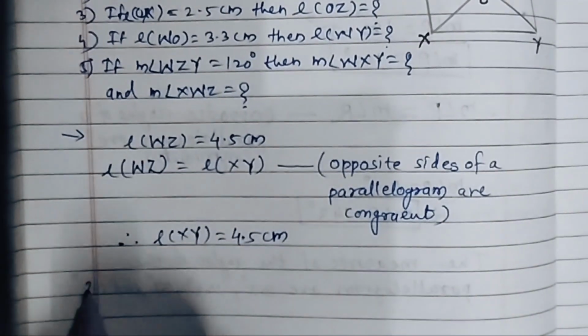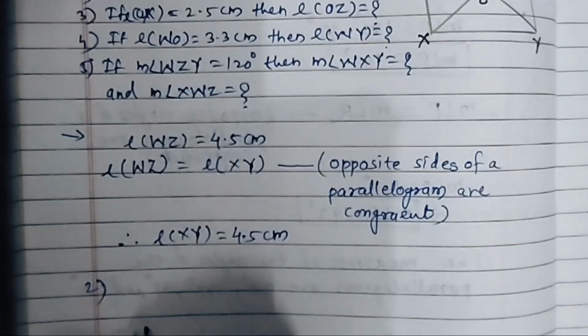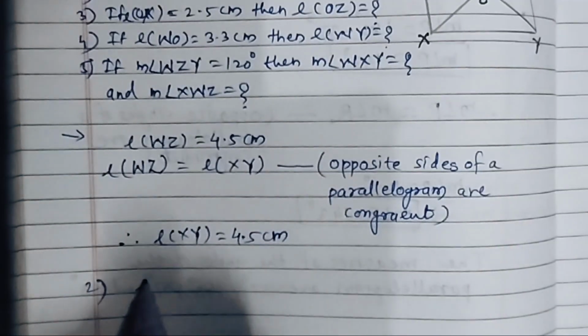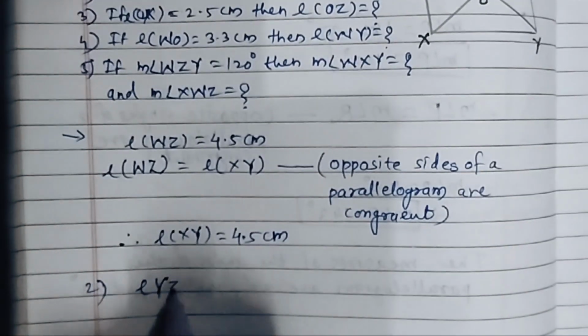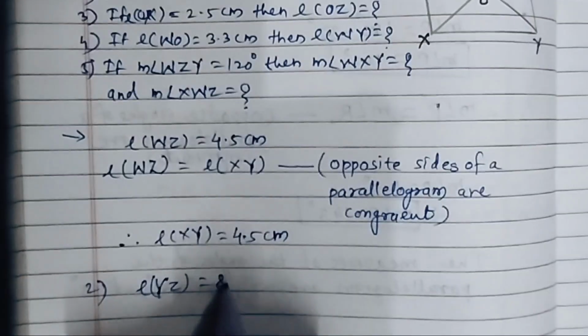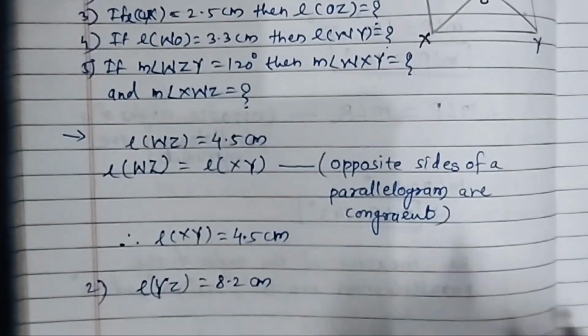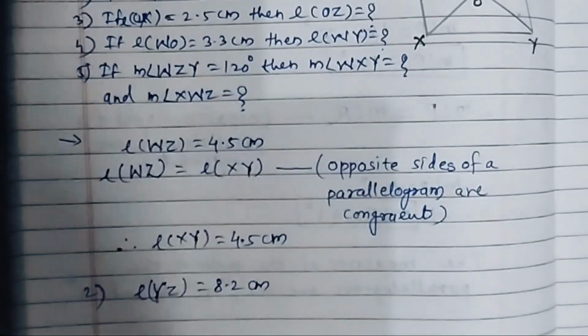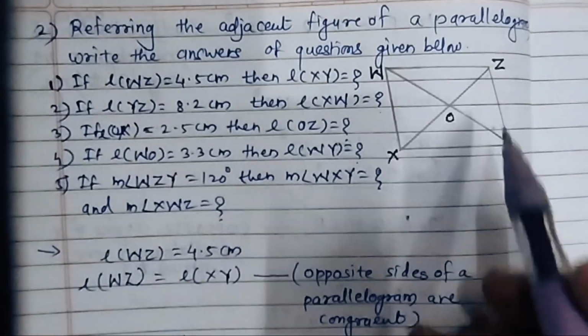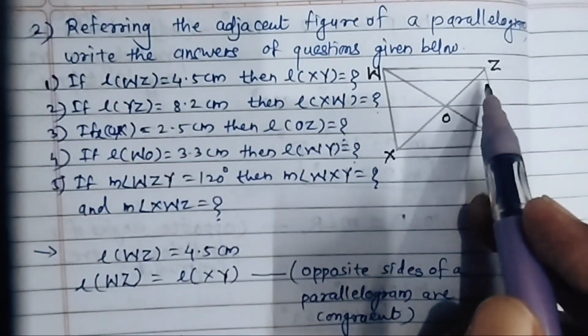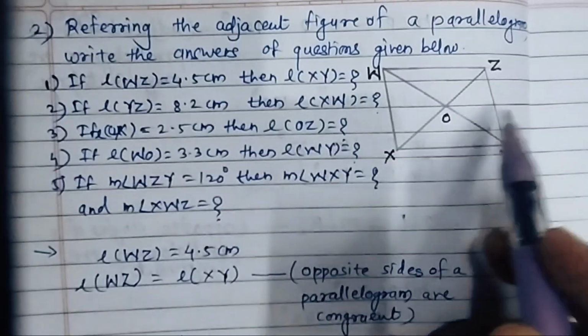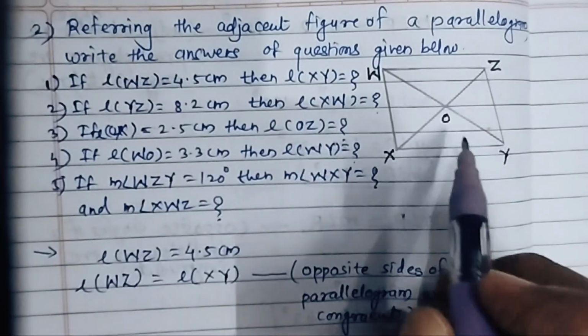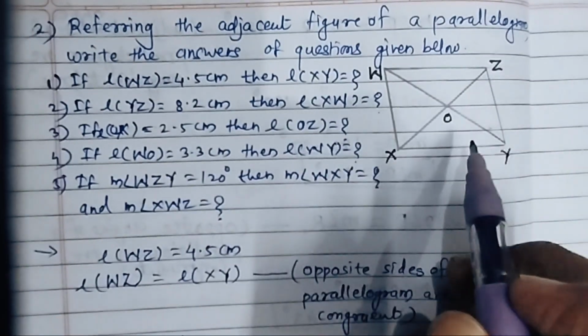Then the second is given as the length of YZ. The value of YZ is given as 8.2 cm. What is the opposite side of YZ? WX. YZ and WX are both congruent because they are opposite to each other.